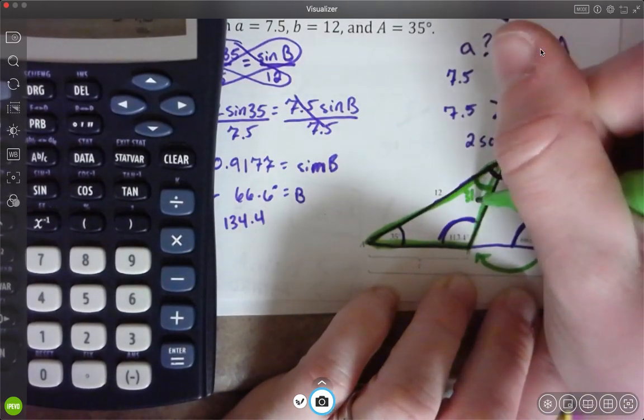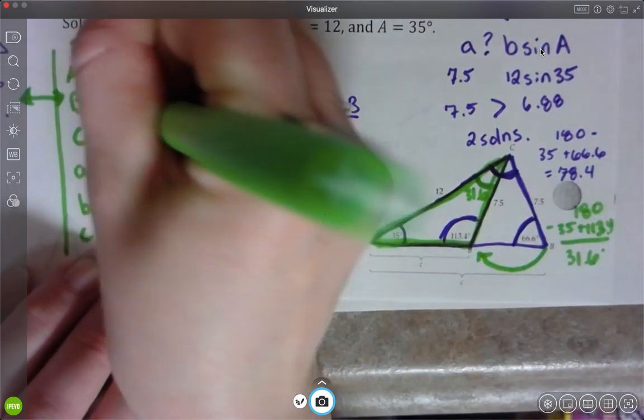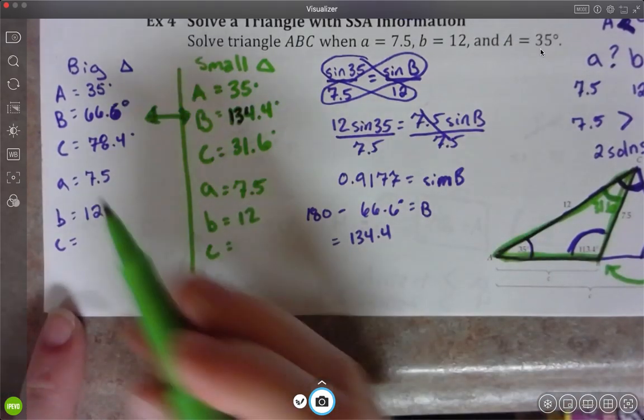That's what it is. We're getting close. 31.6 degrees.